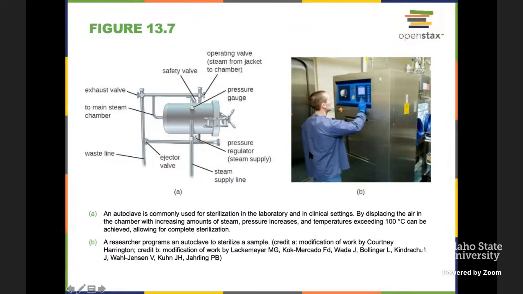You would wheel the cart in with all of the stuff. It would get autoclaved, and on the other side is another room that would be the clean room. Once that autoclave run is complete, you open the door on the clean side and pull your material through. That way, materials that have been sterilized don't come back into the same room where dirty stuff is. That's another level of safety to ensure that we're not potentially contaminating.